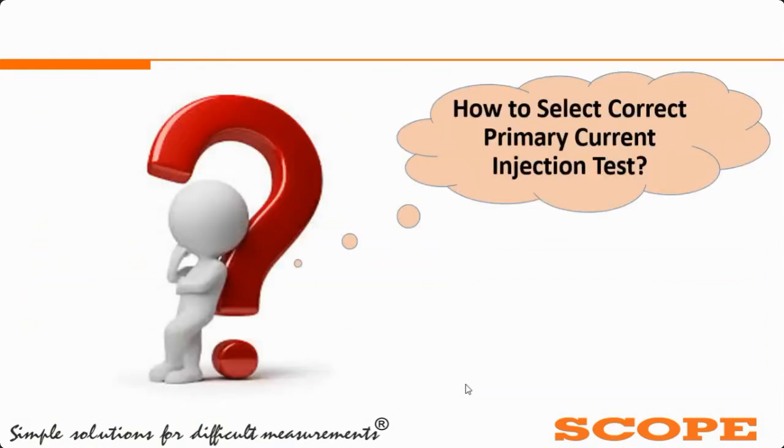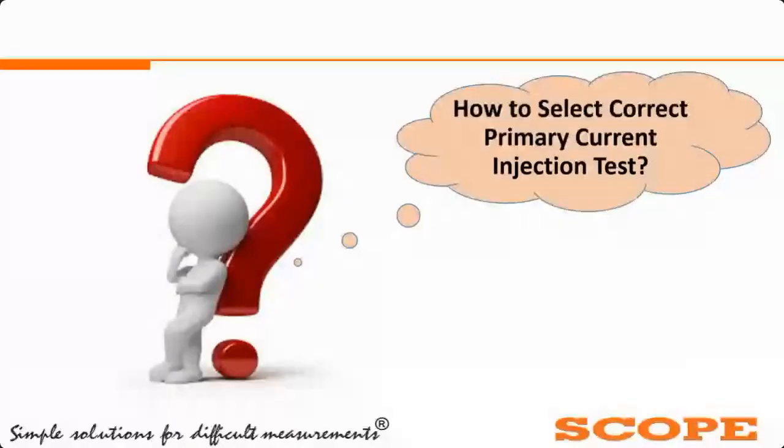So let us move ahead to the actual selection of the primary current injection test kit. How to select the exact and ideal primary kit? For that we need to understand what our exact requirement is. Any user or maintenance engineer has to understand what the exact requirement is in the substation, or where we have to use this primary injection kit.